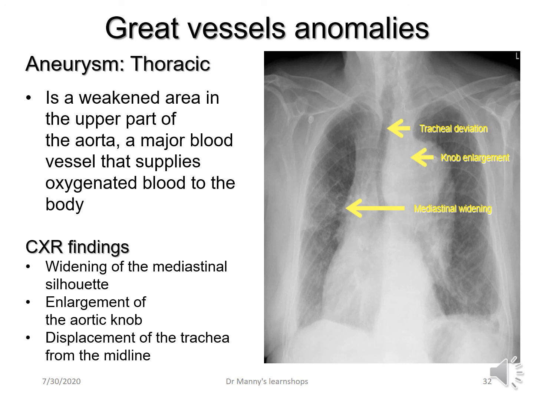So on the chest X-ray that you can see, you've got knob enlargement or a mass there. Looks like a mass, which is what an aortic aneurysm is. And if it's in the thorax, it can push the trachea, tracheal deviation, and on image can cause mediastinal widening.